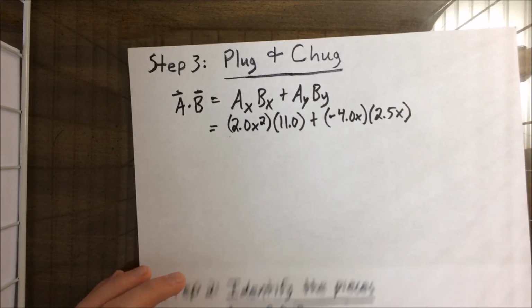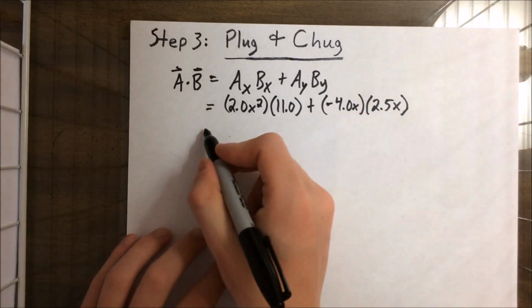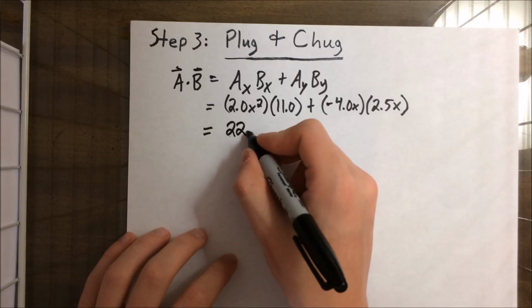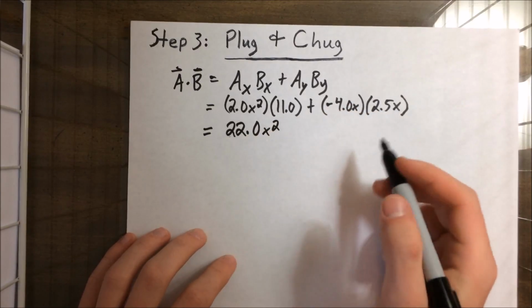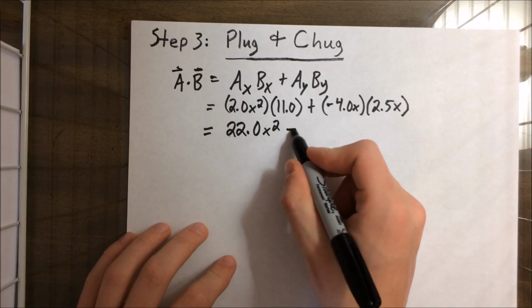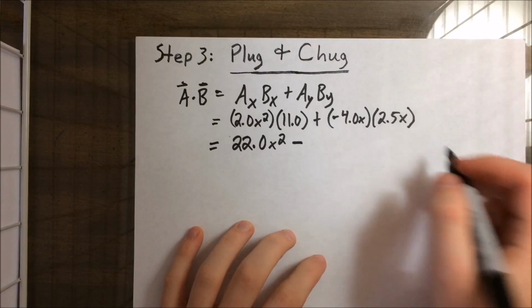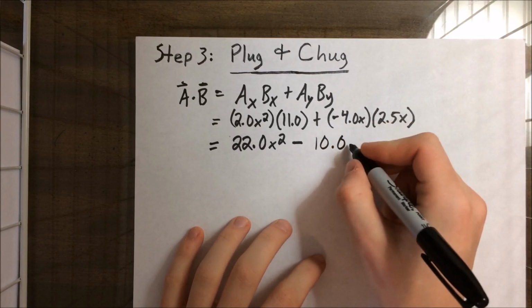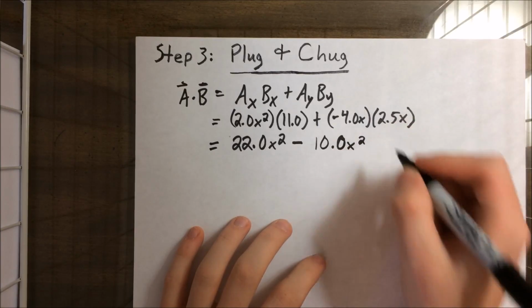So now let's simplify. So we have 22.0x squared minus the value 10.0x squared.